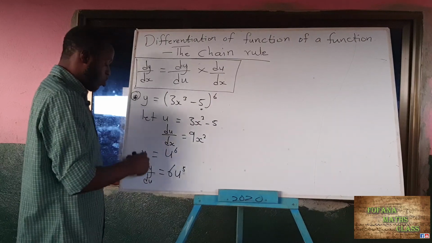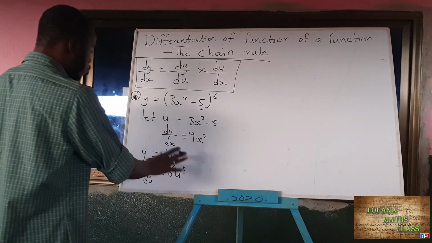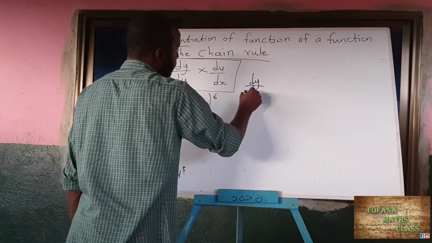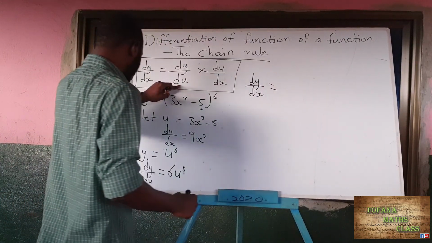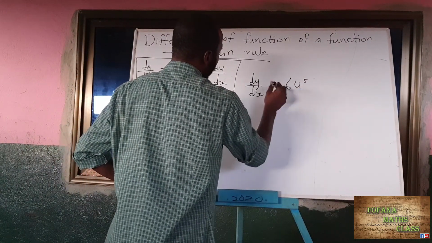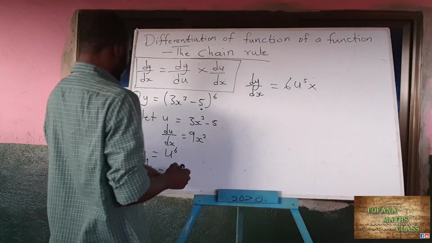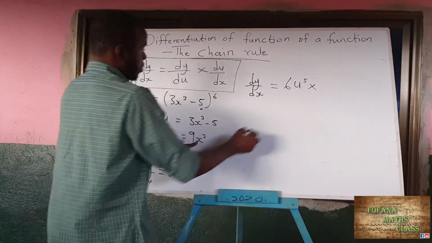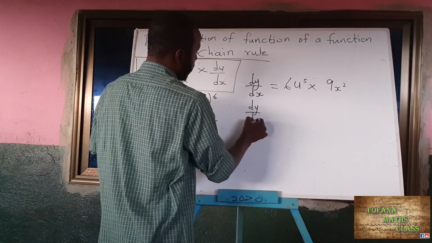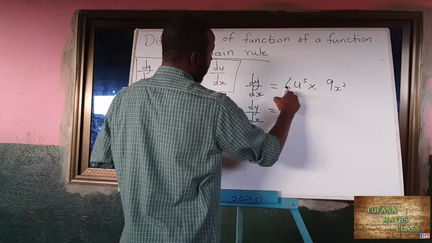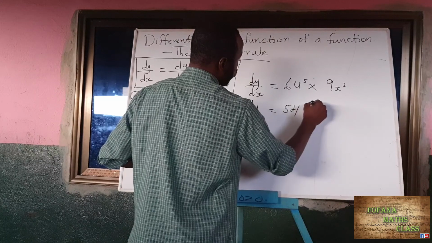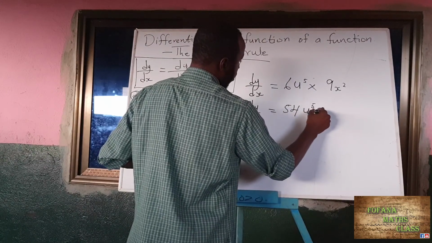Having done all of this, we substitute the values that we have into the formula. Now we have dy/dx equal to dy/du times du/dx. dy/du is equal to 6u to the power 5 times du/dx. So du/dx is what? 9x squared. Now we have dy/dx equal to 9 times 6, which is 54, u to the power 5, x squared.